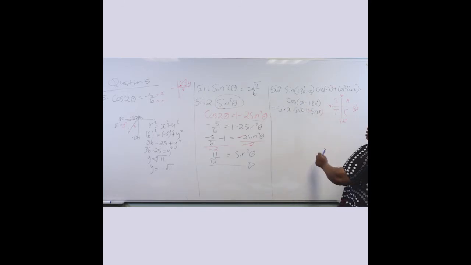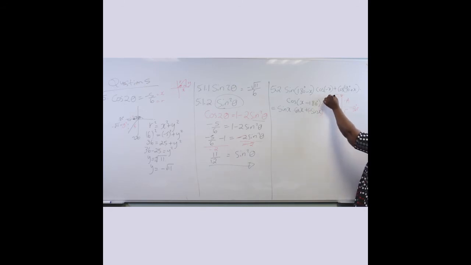And now, look at the last one. That is cos of x minus 180. We are used to 180 plus and 180 minus. But we can break that because it's just what we are used to. We can still make something out of it. Let's see. If I have x minus 180 and I rearrange it, I'll have negative 180 plus x.